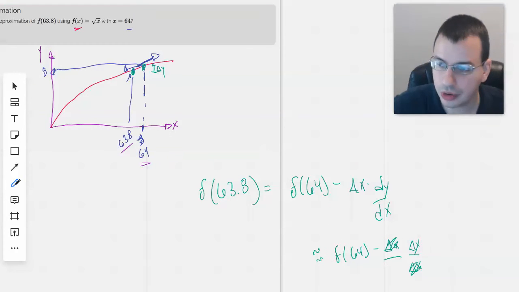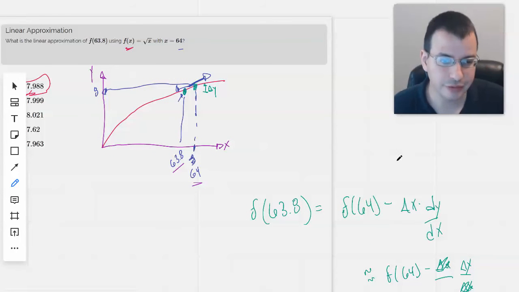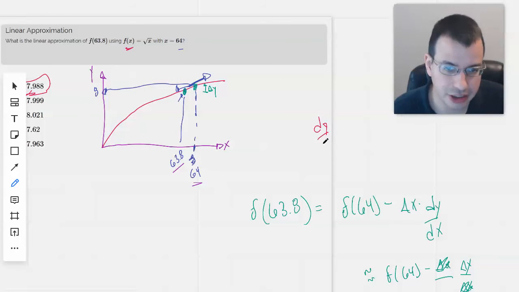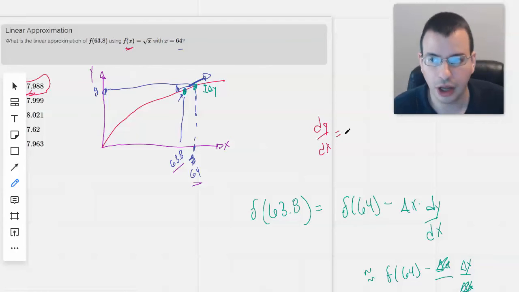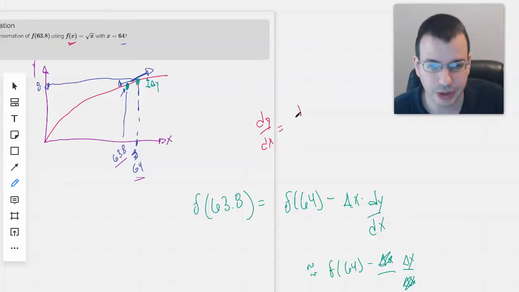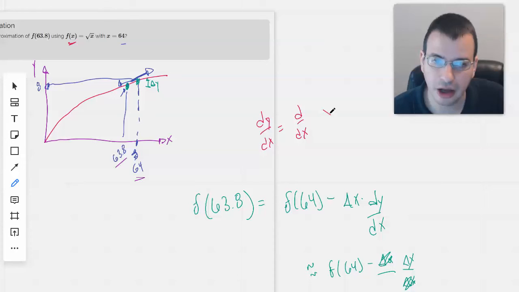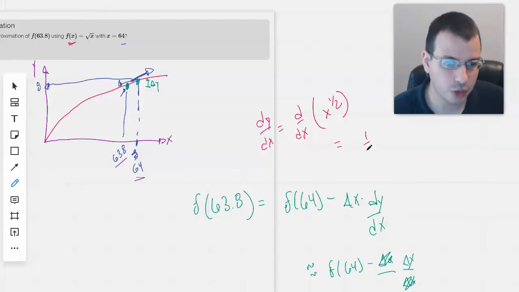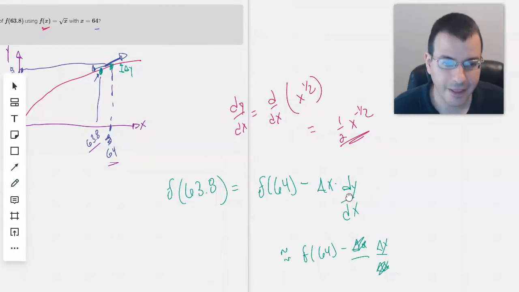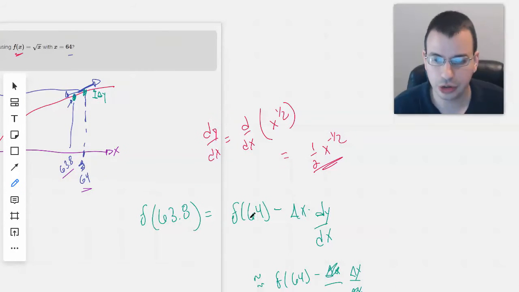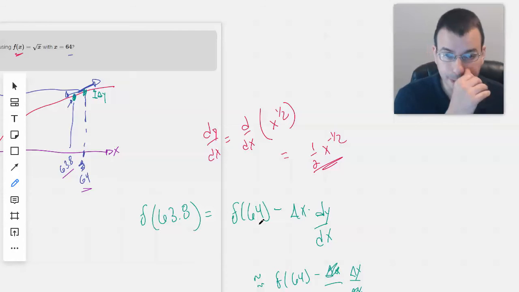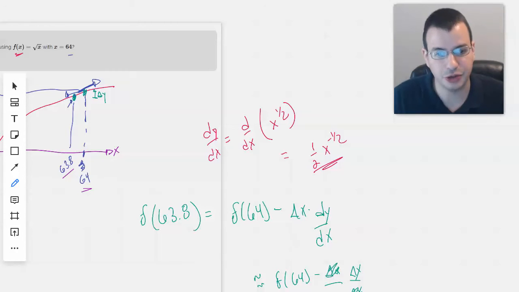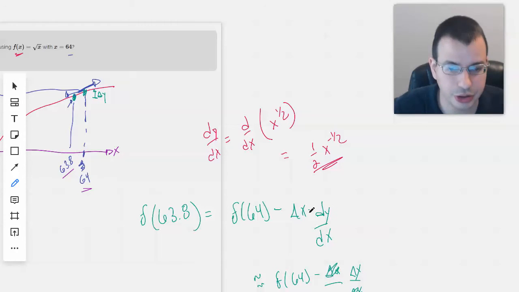We still find the derivative, so dy dx is the derivative with respect to x of x to the 1/2, which gives 1/2 x to the negative 1/2. We use 64 because we know how to find the derivative there.